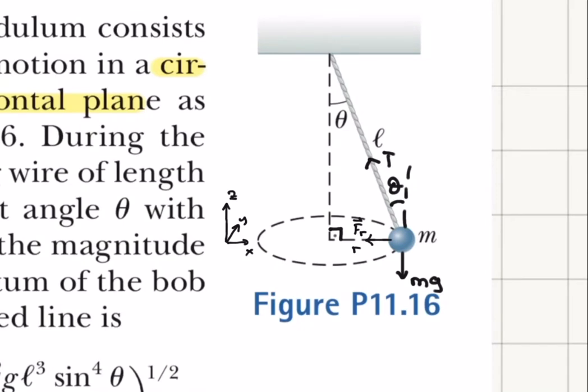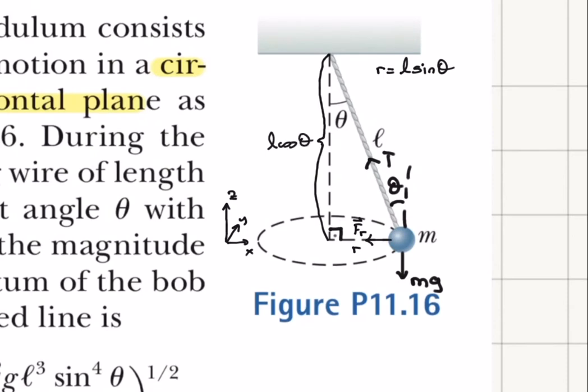And as far as the radius of this circular path goes, I call this radius r. I can see from the geometry that the radius of the circular path r is going to be equal to L times sine theta, right?